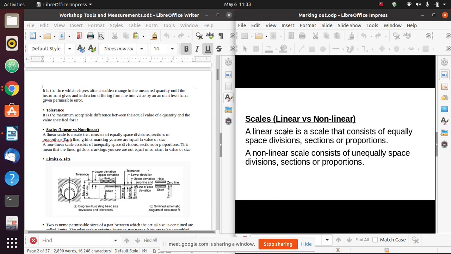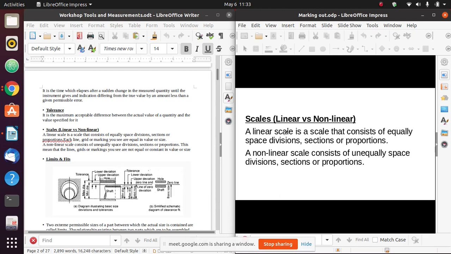Those divisions are 1 millimeter or 0.1 of a centimeter in size. So when I go from 0 to 30, I'm increasing linearly with a millimeter. My scale is increasing linearly by a millimeter. So that is a linear scale.